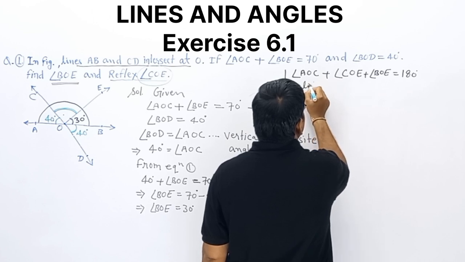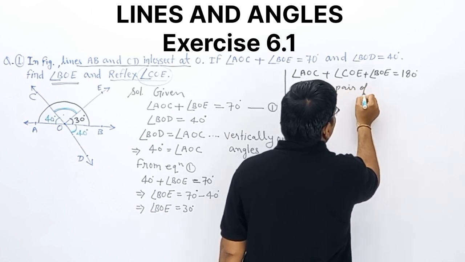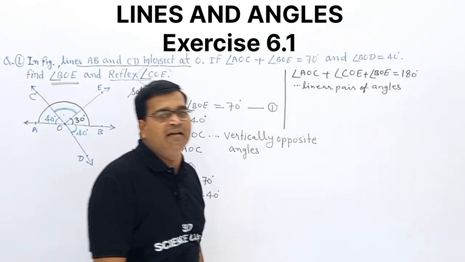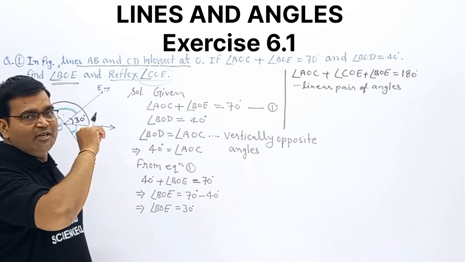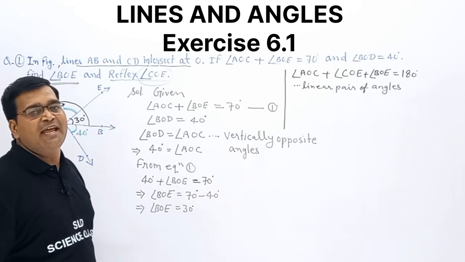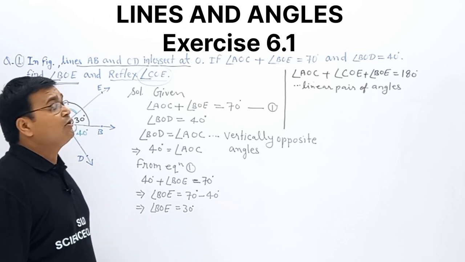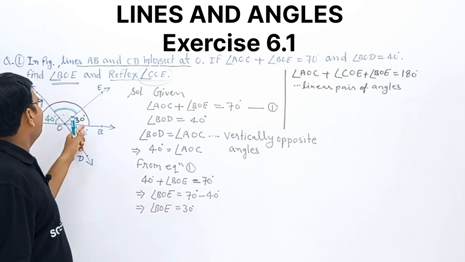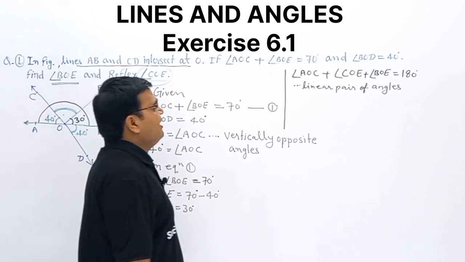Linear pair of angles. We studied this concept. The sum of all angles on a straight line will be 180 degrees. So this is the linear pair of angles.